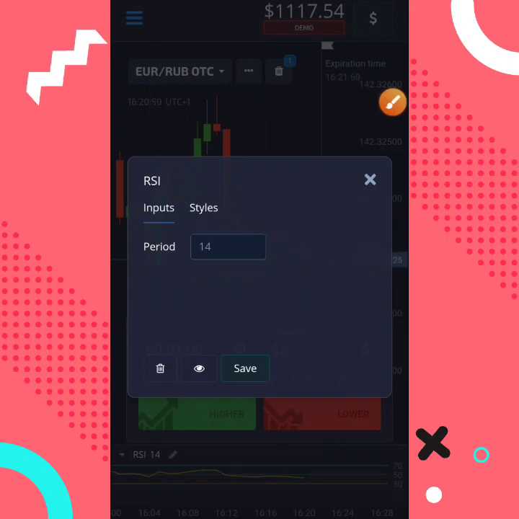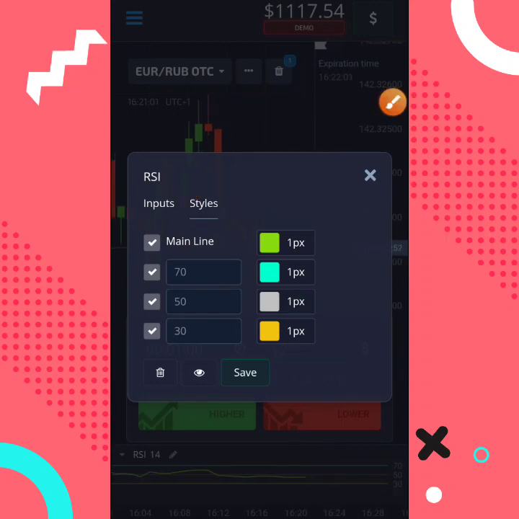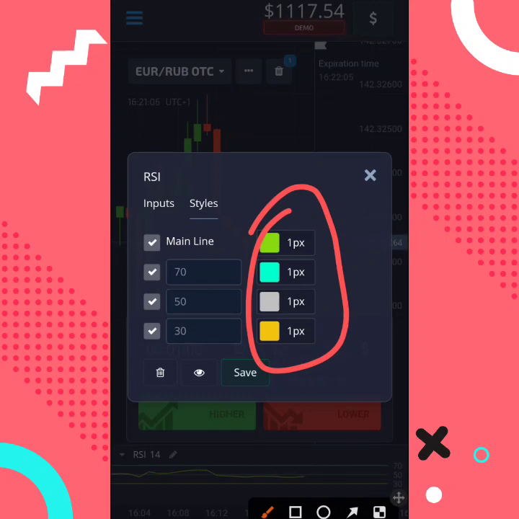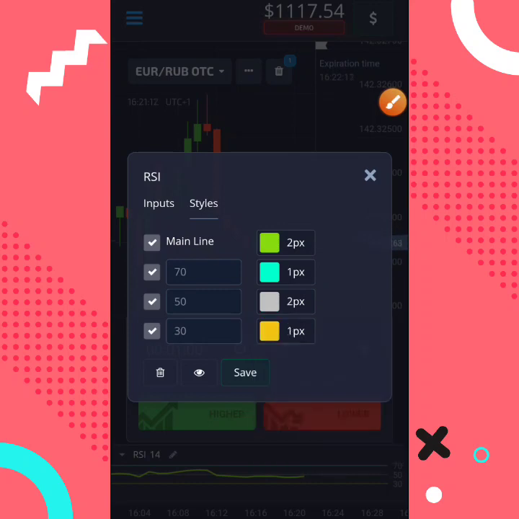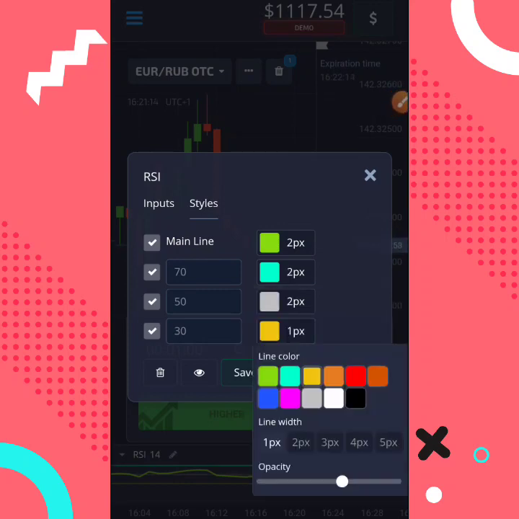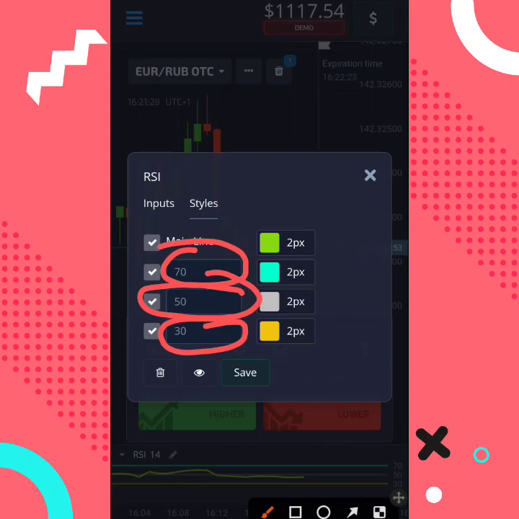Then you can go to the style, and then choose how you want the style to look depending on your trading pattern. But for me, for the style, I'll be using 2 pixels in each of this line, so as to make the line thick so I can see them clearly. So change all of them to 2, and then here the overbought I will use 80, and then oversold I will use 20, and the middle line I don't use it, I will remove it.